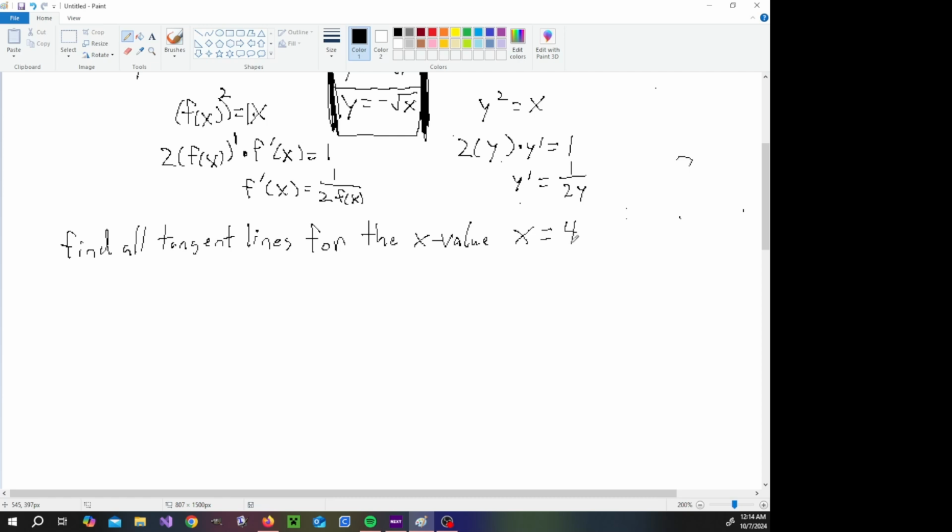Okay. So this is different than the kind of questions that we'd asked previously, because when we have an actual function, it's one x value, one y value.